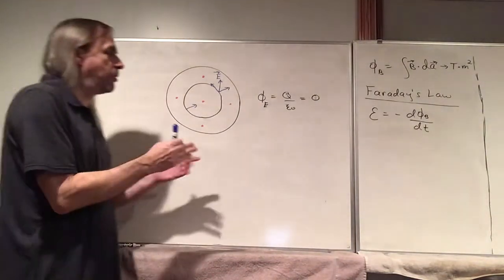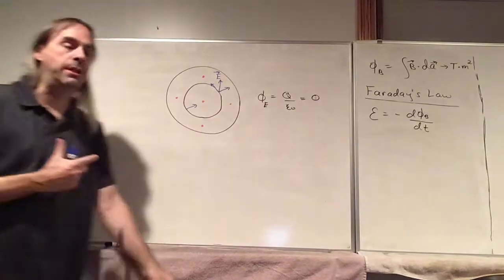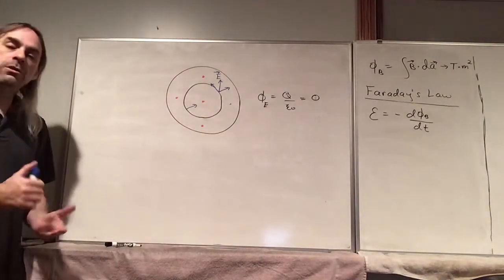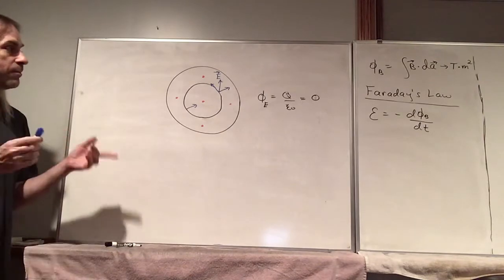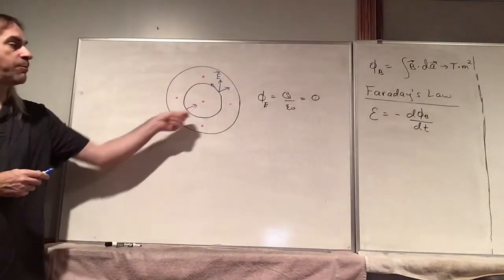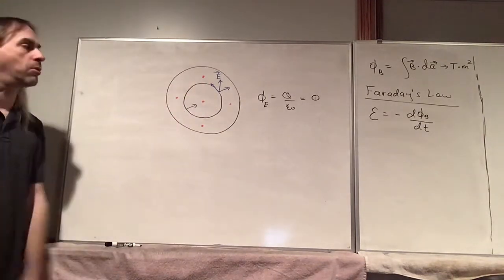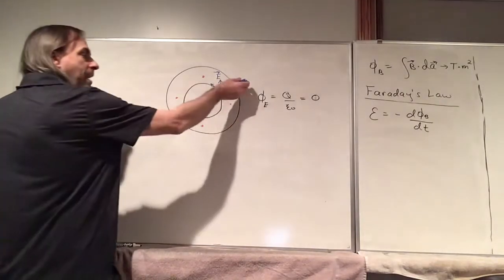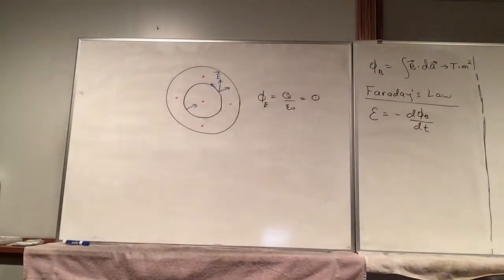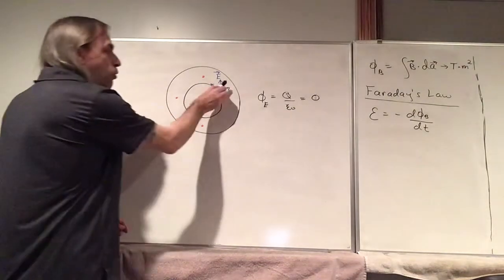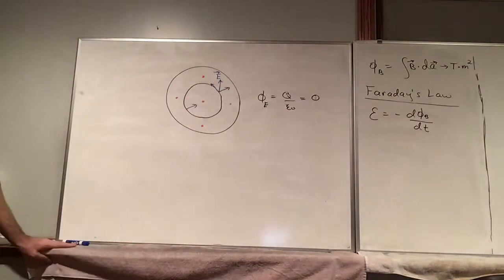So we can't conclude just because the electric flux is zero that the radial component of the electric field must be zero. However, because we have this perfect symmetry, we just have a circle here, there's no way we can have some parts that are outwards and some parts that are inward from symmetry. And so from that, we can conclude that the radial component of the electric field must be zero.